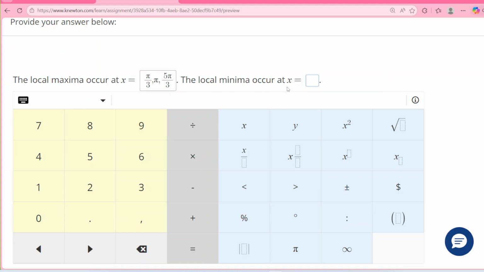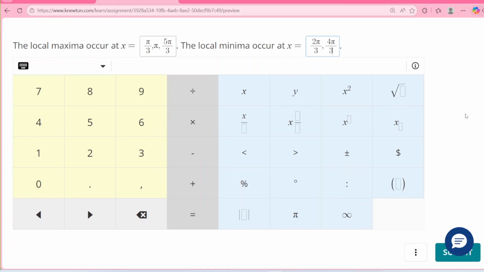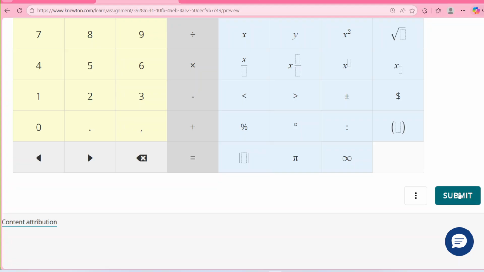And then there were only 2 x values, 2 inputs, where you were at the bottom of a valley or at a local minimum, and that was at 2 pi over 3, comma, and 4 pi over 3. And this should be good. We're only asked for the locations, not the actual outputs themselves, not the y coordinates.